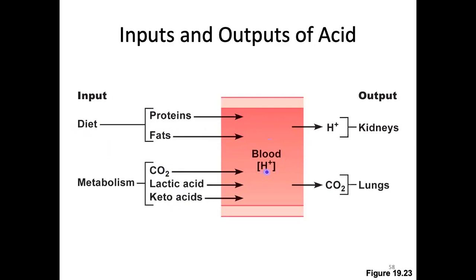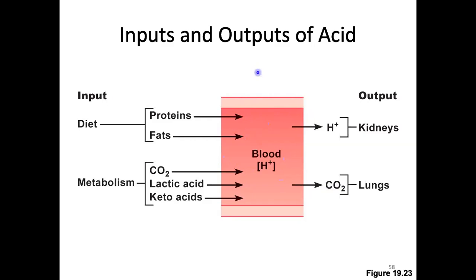So acid, if you will. How do we deal with that acid? We can regulate blood pH by kicking out CO2 with the lungs, right? If you're making more CO2, you can kick it out of the lungs, or you can kick out the protons at the kidneys.